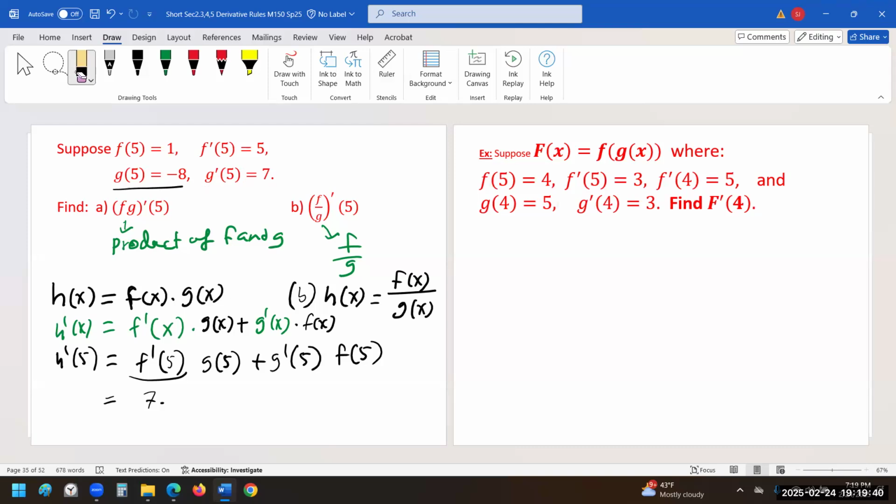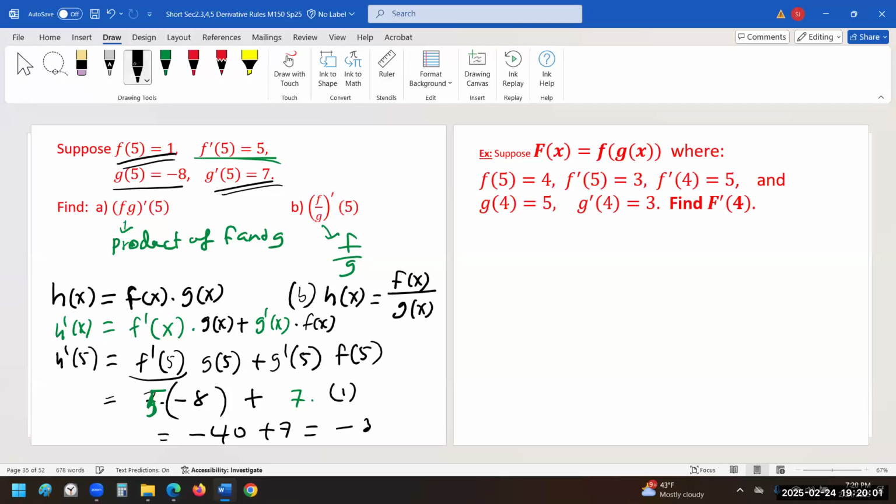F prime is on the top, not on the bottom. F prime is 5. Our G is -8. Then G prime is 7. And our F is 1. So -40 plus 7, that gives us -33.